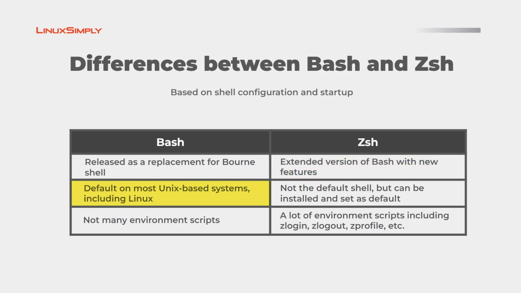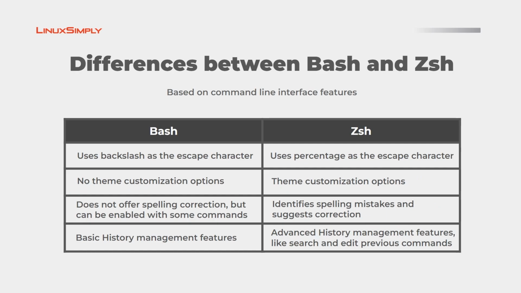Bash is default on most Unix-based systems including Linux, whereas ZSH is not set as default, but it can be done so using different commands. Also, Bash does not contain many environment scripts, whereas ZSH has a lot of environment scripts including zlogin, zlogout, and so on.